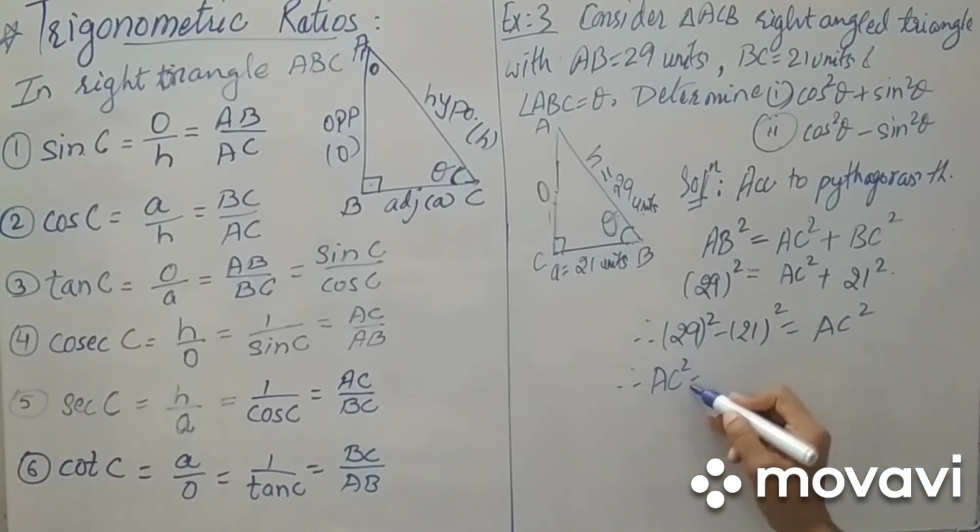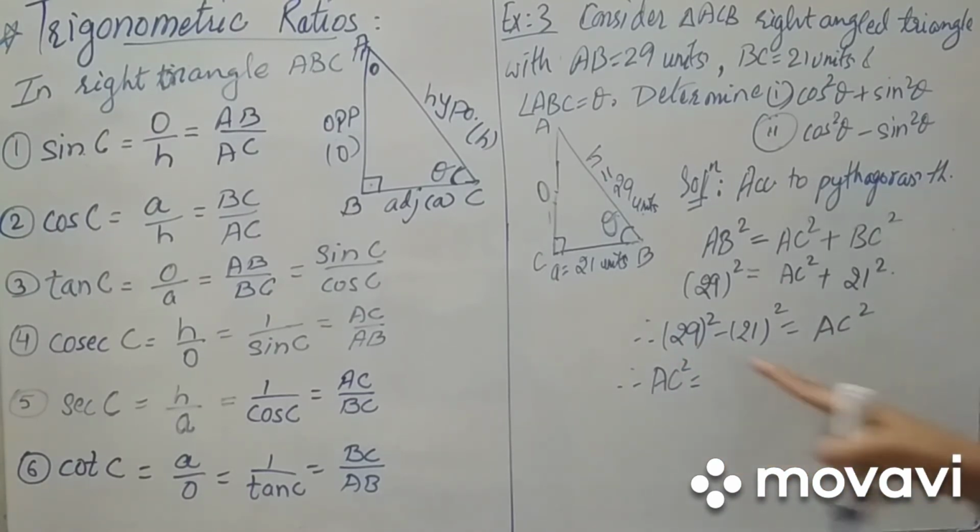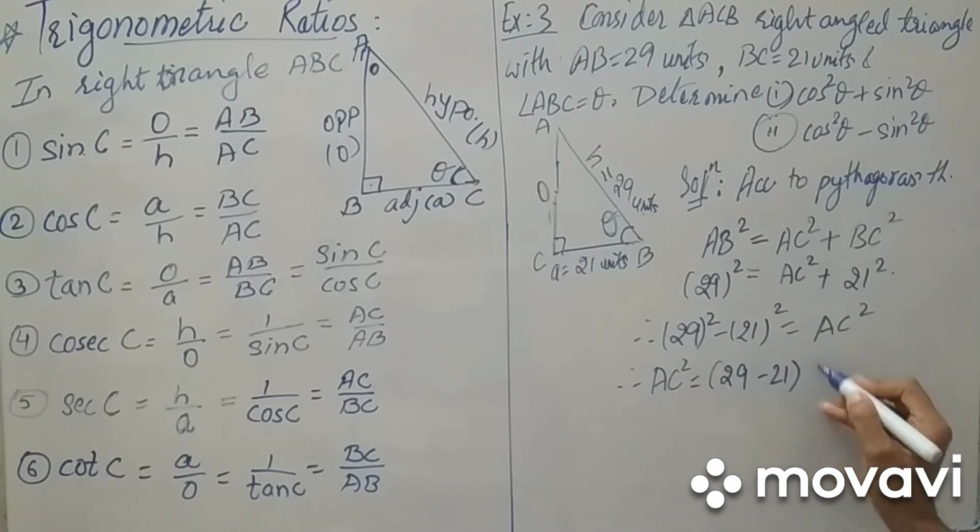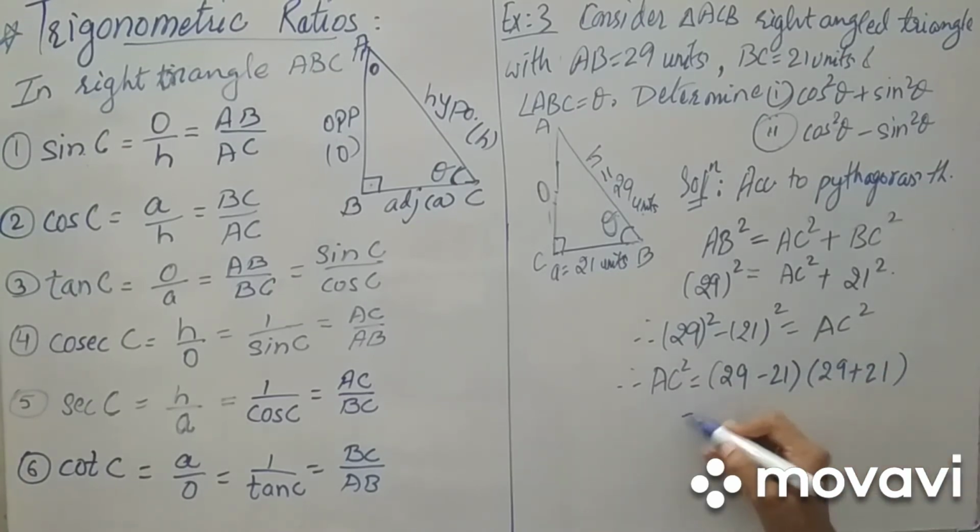Therefore, AC square is equal to, which formula will be applicable here? A square minus B square is equal to A minus B into A plus B. So, 29 minus 21 into 29 plus 21. Subtracting, you will get 8 in the bracket, and on addition 50.